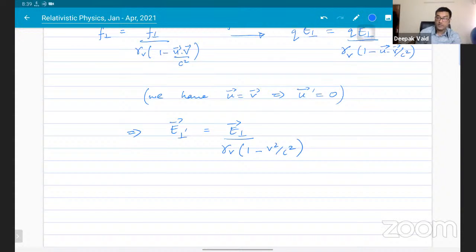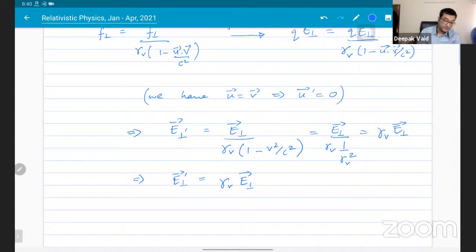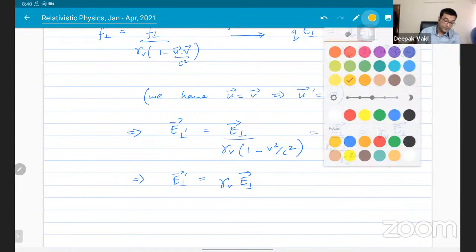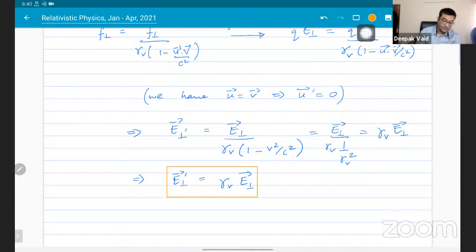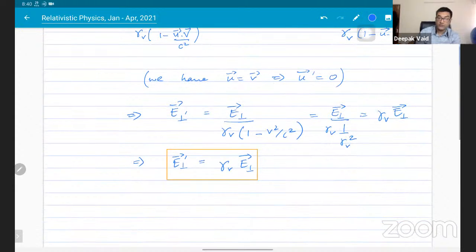This is just 1 by gamma V squared, right? So finally, we get that E perpendicular prime is equal to gamma V times E perpendicular. So this is the transformation law for the perpendicular component.